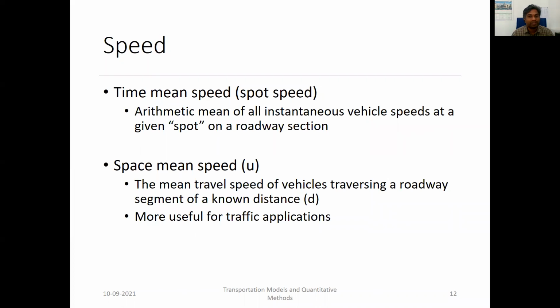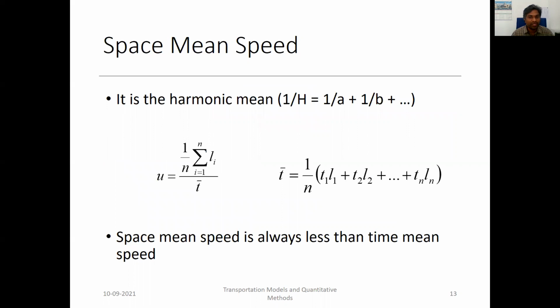And then we have speeds of two types, time mean speed and space mean speed. Time mean speed is the arithmetic average of speeds of all the vehicles, and space mean speed is the harmonic mean speed of vehicles using the facility over a specific distance. The space mean speed is, as mentioned, the harmonic mean speed, and will be given using this particular relation: U is equal to the summation over i equals 1 to n of L i, where L i is the individual distance traveled, which will be equal for all the vehicles, divided by T bar.